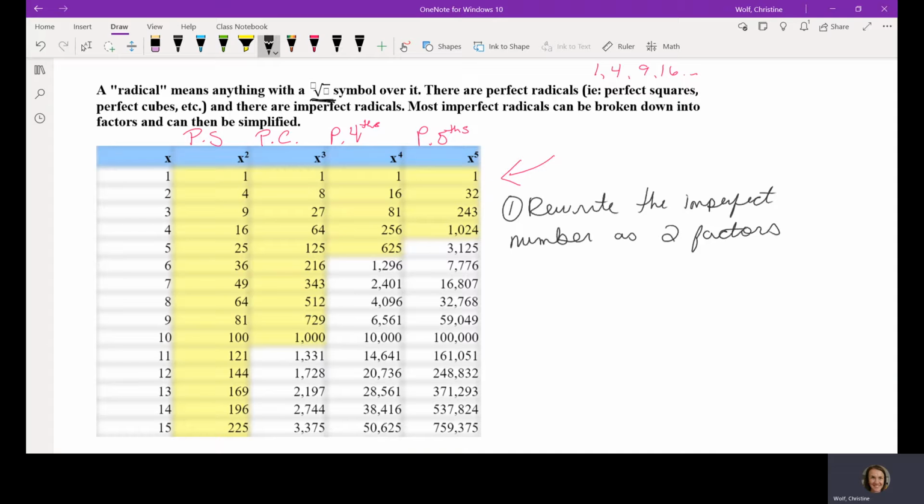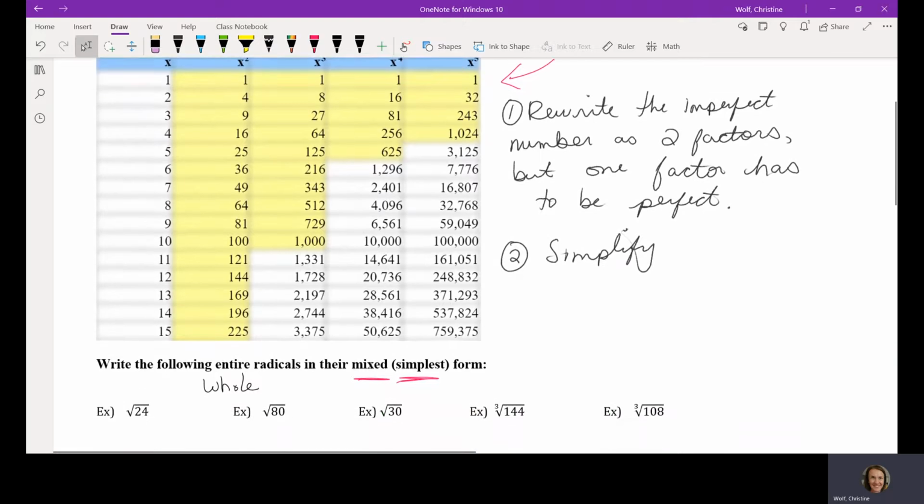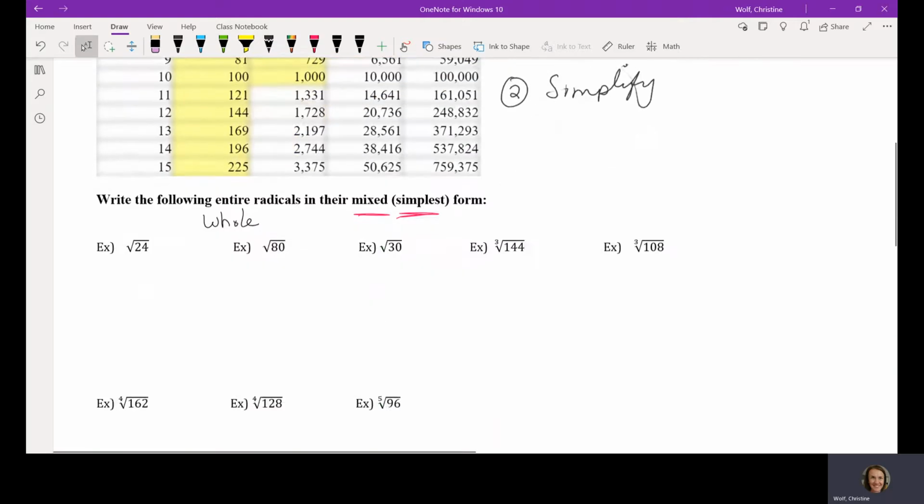The factors of 24: 1 and 24, 2 and 12, 3 and 8, 4 and 6, etc. So we rewrite the imperfect number as 2 factors, but one factor has to be perfect. And then we will simplify.